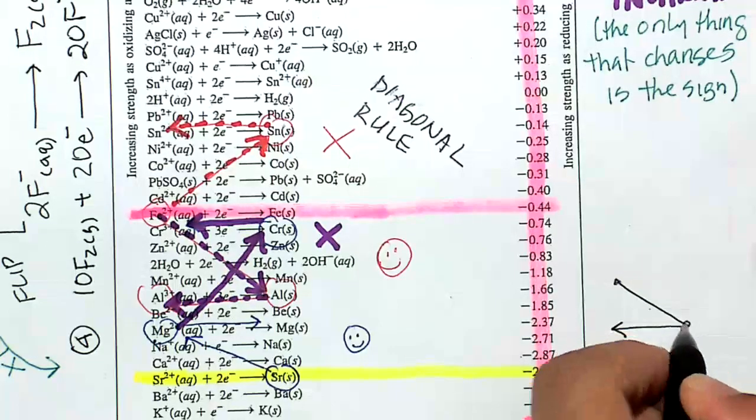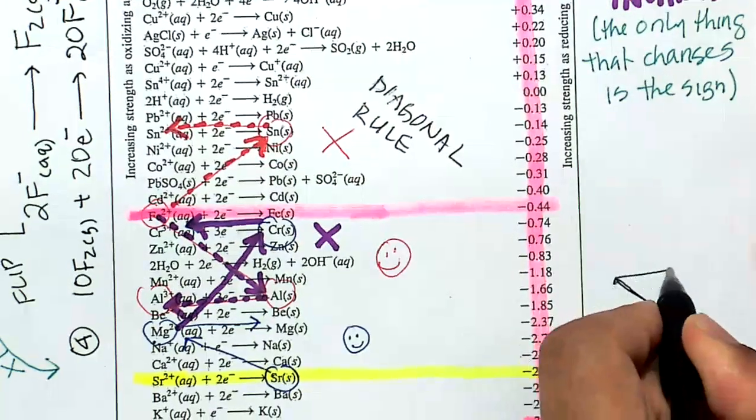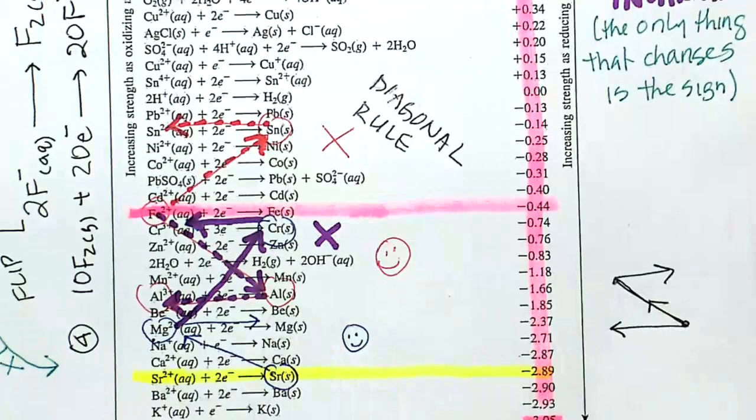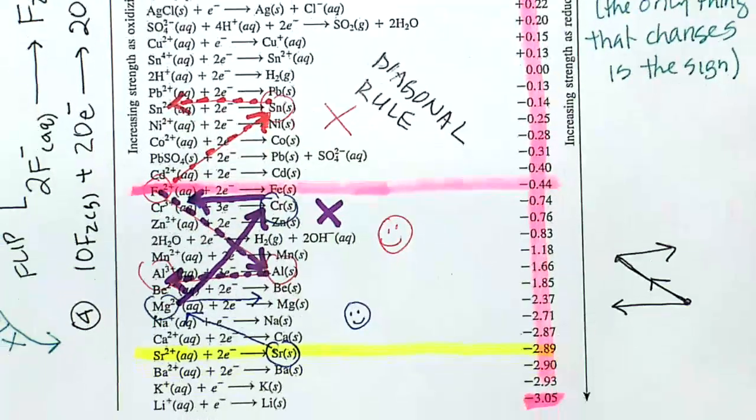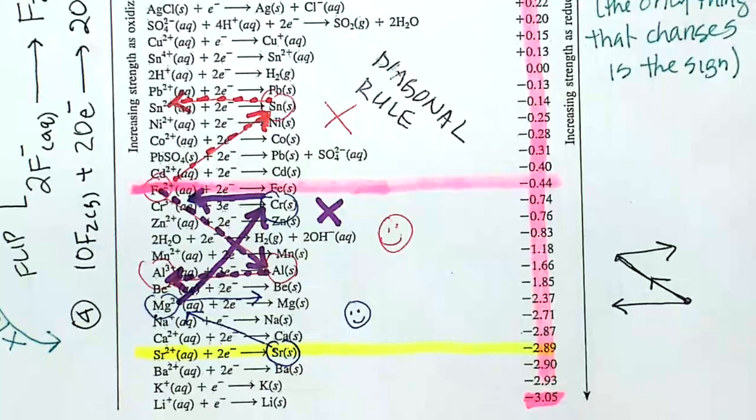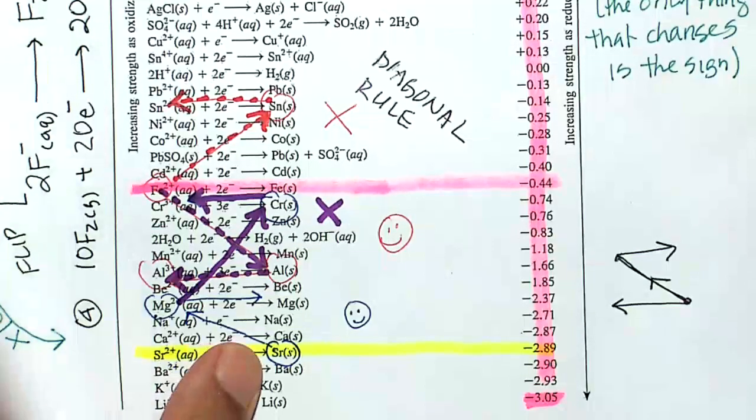Or it can go like this. Something like that, okay? Flip everything below it, keep everything above it the same. Okay, you're right. Reduces everything above, oxidizes everything below. Actually, she said it the best.